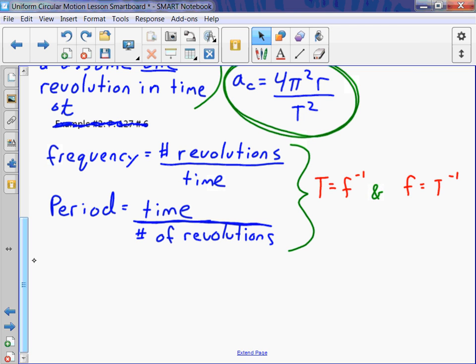They're just reciprocals of each other. Right? Frequency is the number of revolutions over a time period. Okay, number of cycles per second. That's the definition of hertz.